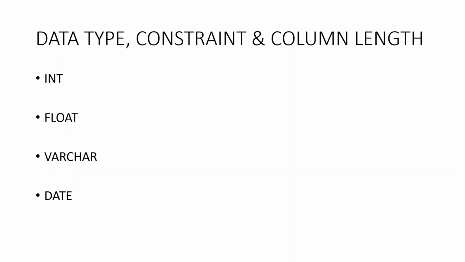So this kind of constraint we need to put for that column. Maybe that column is not null in nature, so that particular column should always contain data. So not null is a constraint. This kind of constraint we can impose on top of a table.